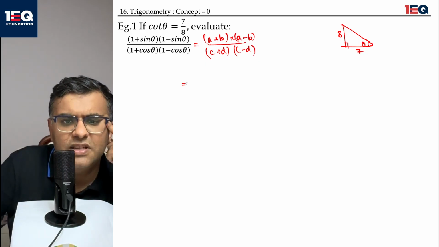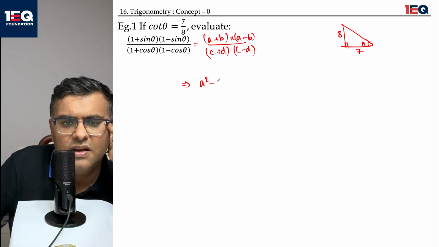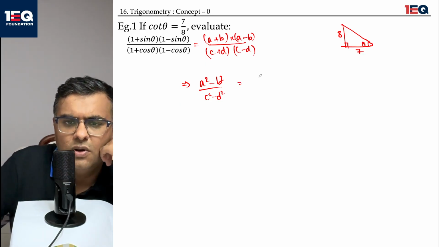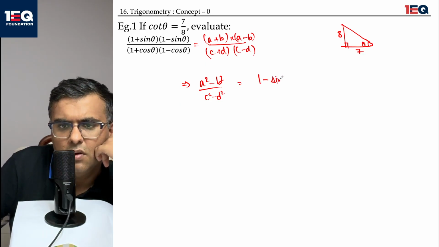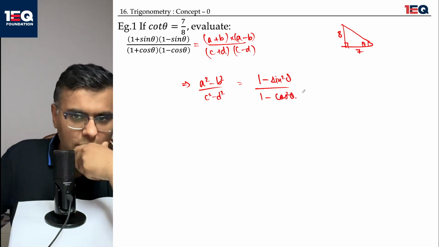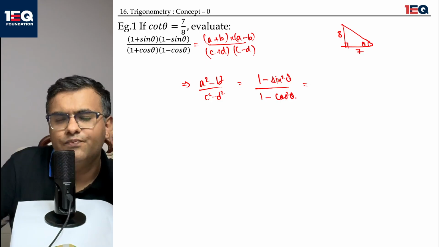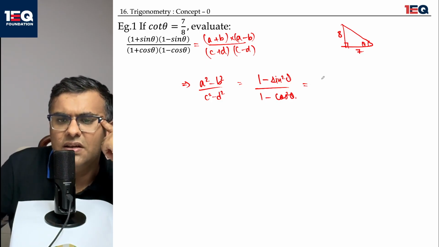So this brings me to the point where I can say that this is a square minus b square upon c square minus d square, which is equal to 1 minus sine square theta upon 1 minus cos square theta. 1 minus sine square theta stands for cos square theta, and 1 minus cos square theta is nothing but sine square theta.